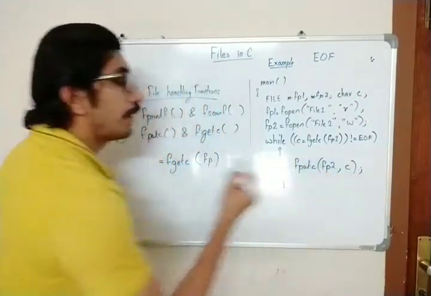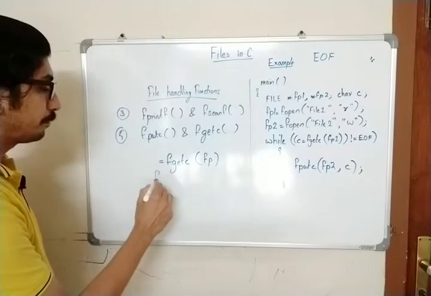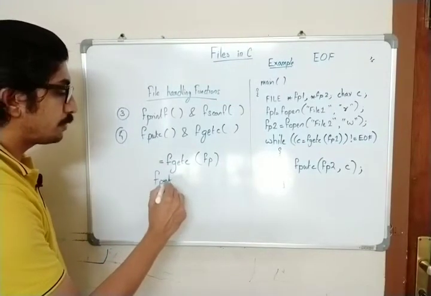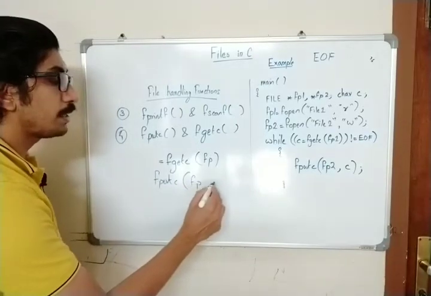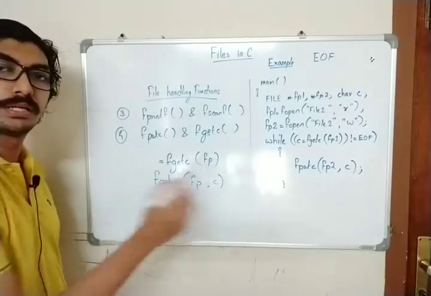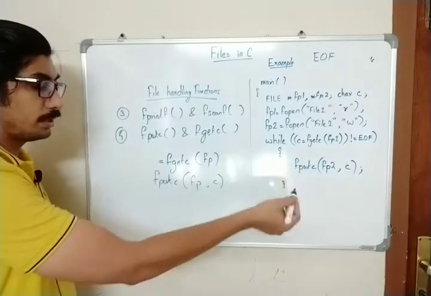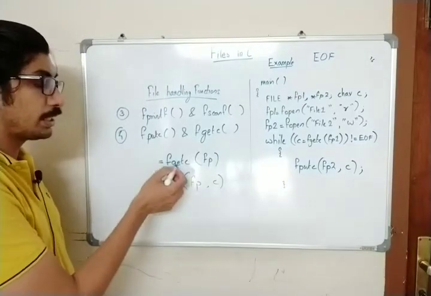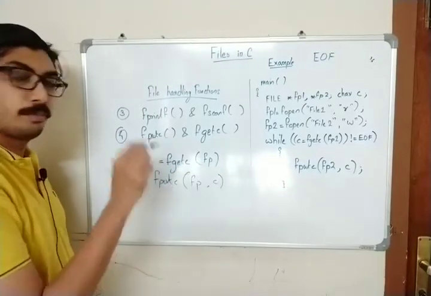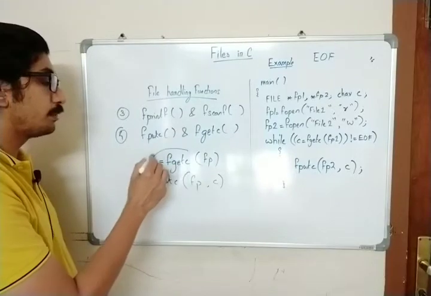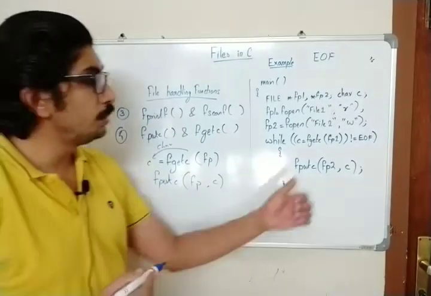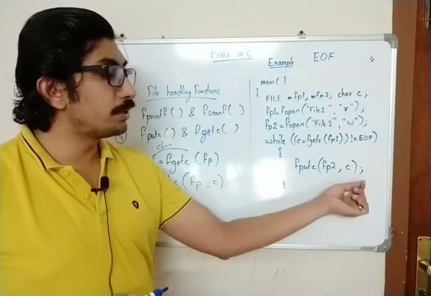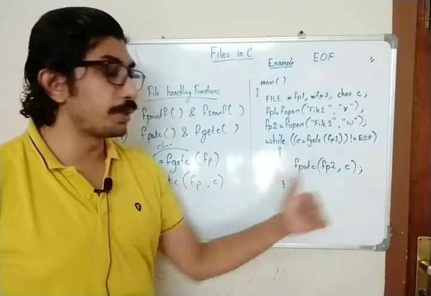So those are the two parameters in fputc: the file pointer as well as the character which has to be written into the file. In the case of fgetc, you just point to which file, and it returns the character. So the first character has been read and it will be inserted into file fp2.